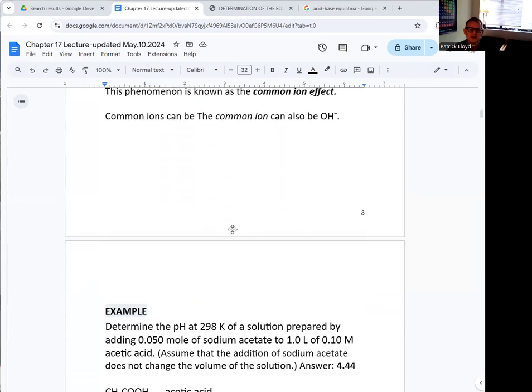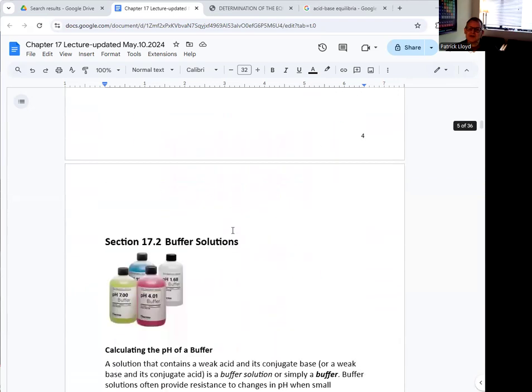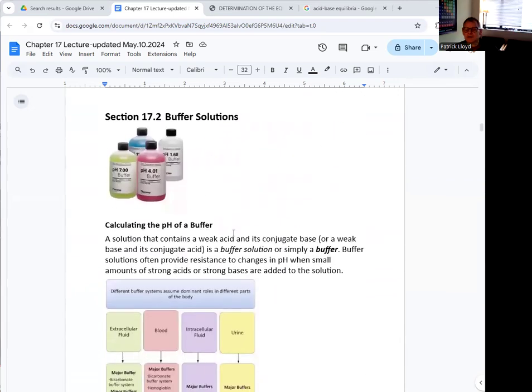And a very practical application of the common ion effect are what we call buffer solutions. Those of you who have taken biology courses, you're familiar with the idea of a buffer, a solution that seemingly magically resists changes in pH. So what we'll do in this course is we'll look in more detail at how buffers operate.